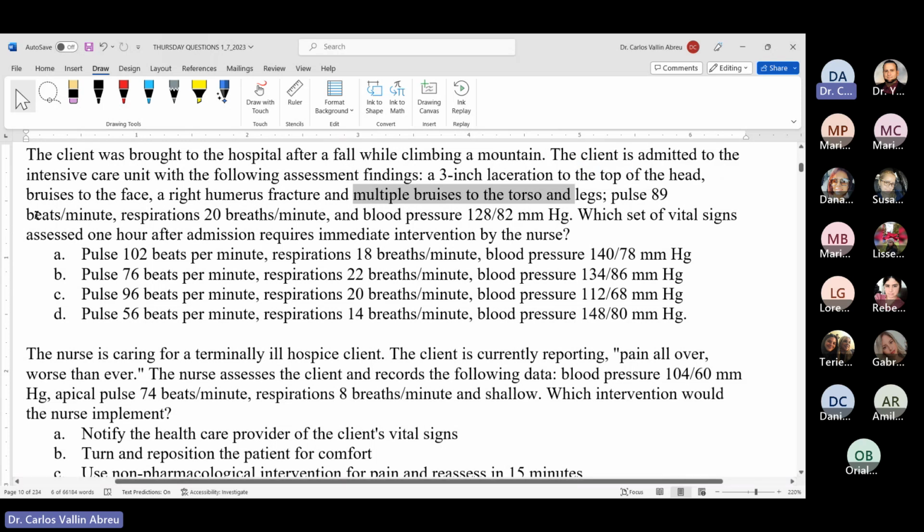Pulse 89, respiration 20, blood pressure 128/82. So it's okay. Maybe respiration is in the upper limit. I assume the client should be in pain.